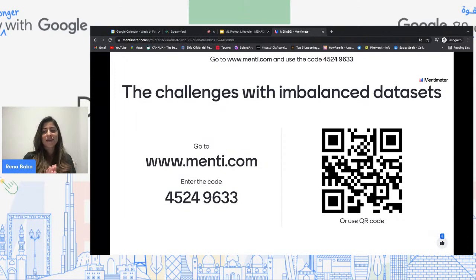So your data naturally will have lots of observations about people who stayed with the company, and some observations of people who left. So we're going to talk about the challenges that has on our project, and then we're going to carry on with the other steps. I'm going to give you one more minute.